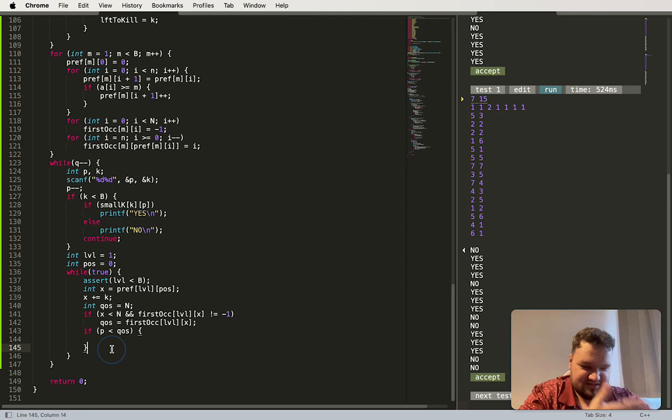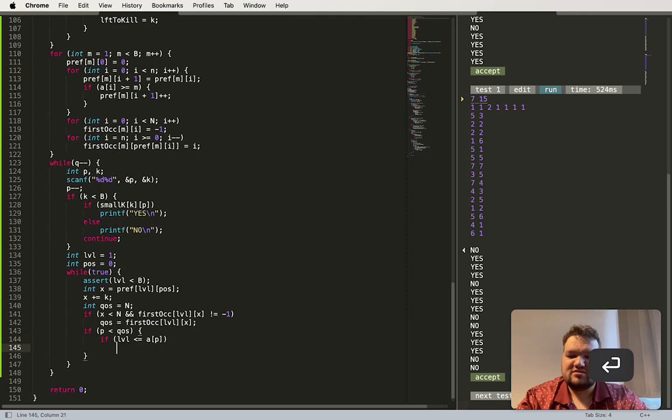So this is the thing we want to ask. And if it is true, then when we arrive at that monster, our level will be equal to this level. And so if our level is smaller than P, then the answer is yes. Otherwise, no. And we break.